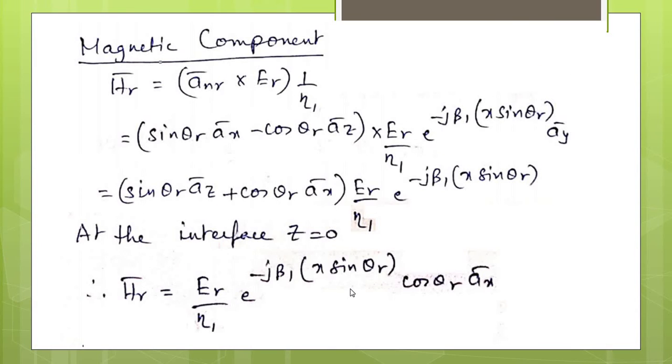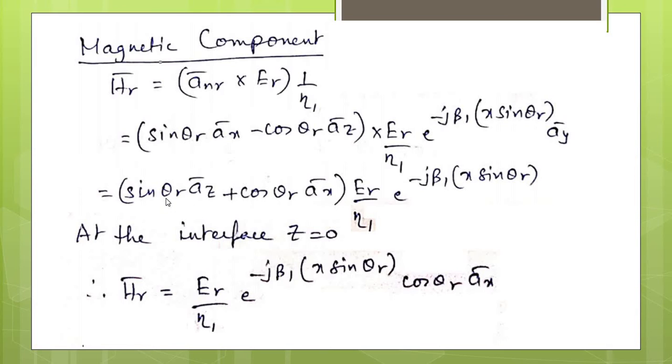Next we need to do the magnetic components. H_r is equal to a_N_r cross E_r into 1 by eta_1. So this is a_N_r cross E_r, this is E_r by eta_1. So here we need to do the cross product. For cross product, the terms in the cyclic order become positive. If they are in the reverse order, we need to write negative terms. So here a_x cross a_y is a_z and a_z cross a_y is minus a_x, but already we have a negative sign here, so this term becomes plus.